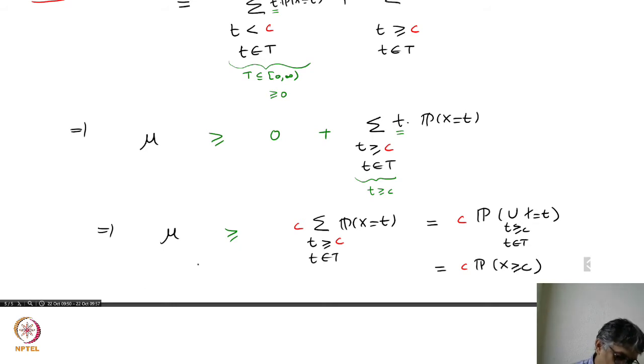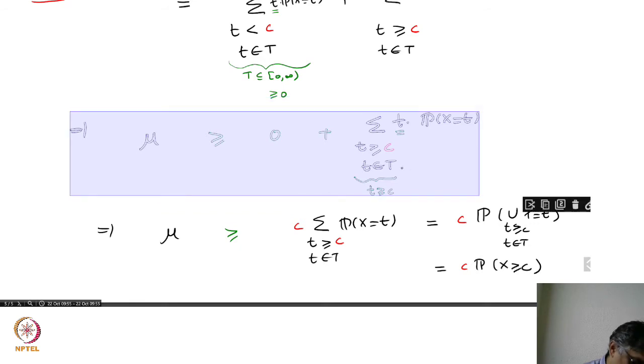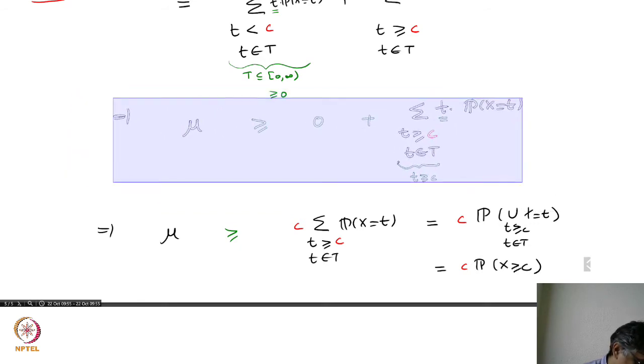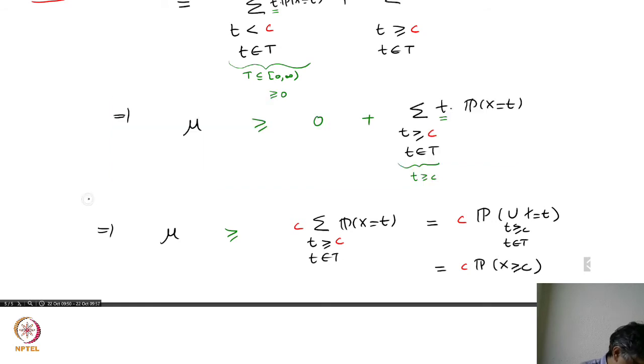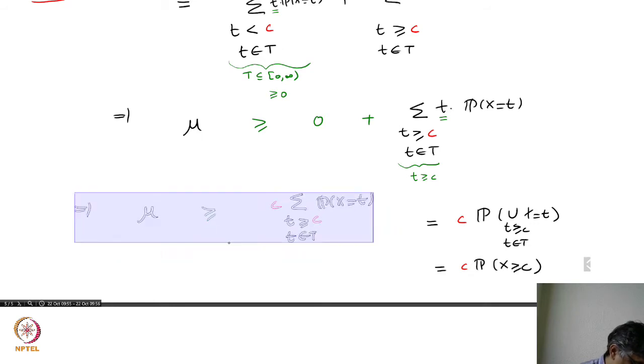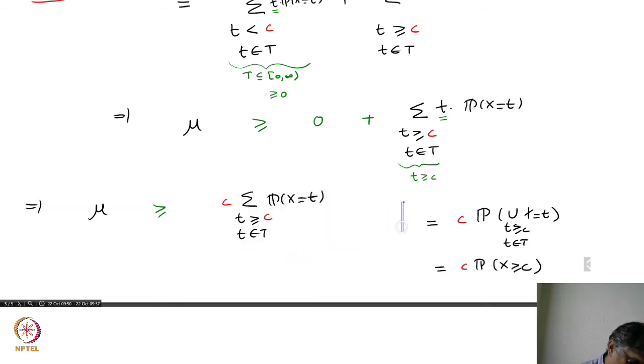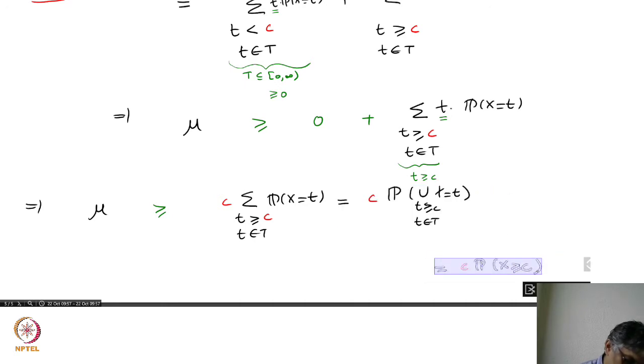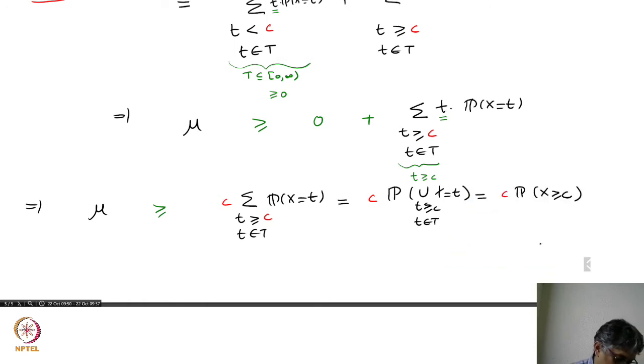So this whole thing will imply that mu is bigger than or equal to c times probability x bigger than or equal to c.